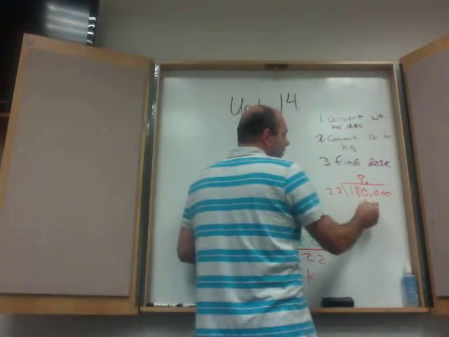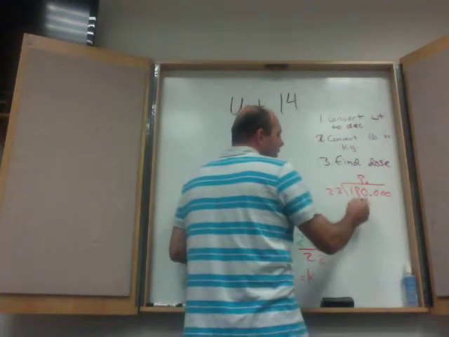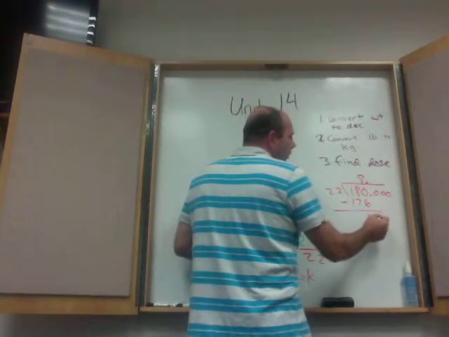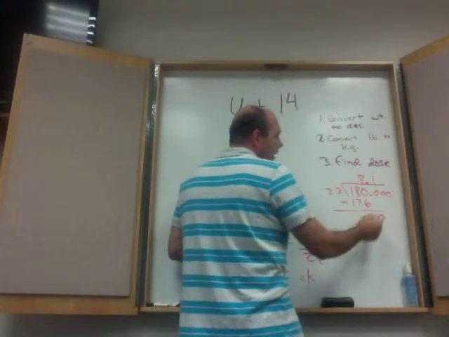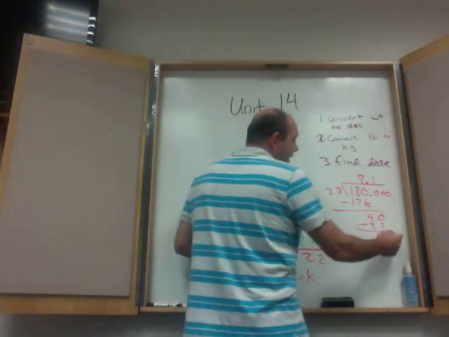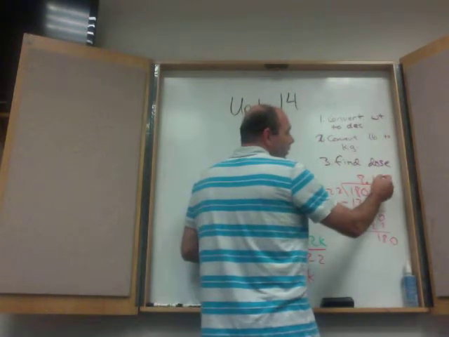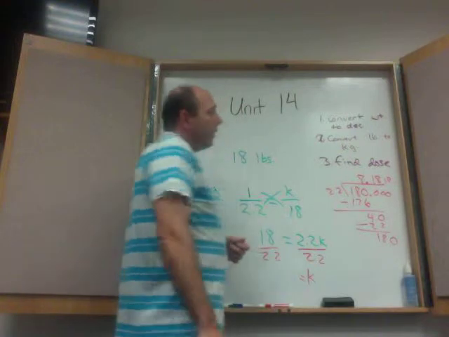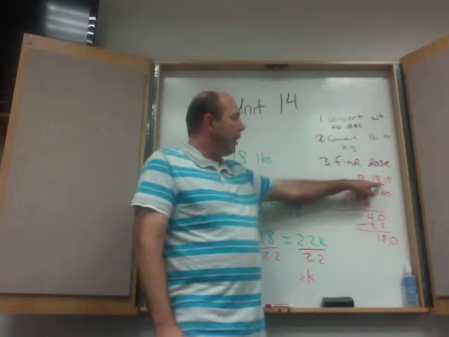Let's try that. 6, carry a 1. Oh, that worked out well. Remainder of 4. I'm going to bring that down 1 time. 22. Remainder of 18. I'm back up to 180. I can see this is just going to repeat 8, 1, 8, 1, dot, dot, dot. Remember, I'm rounding to the nearest hundredth place.